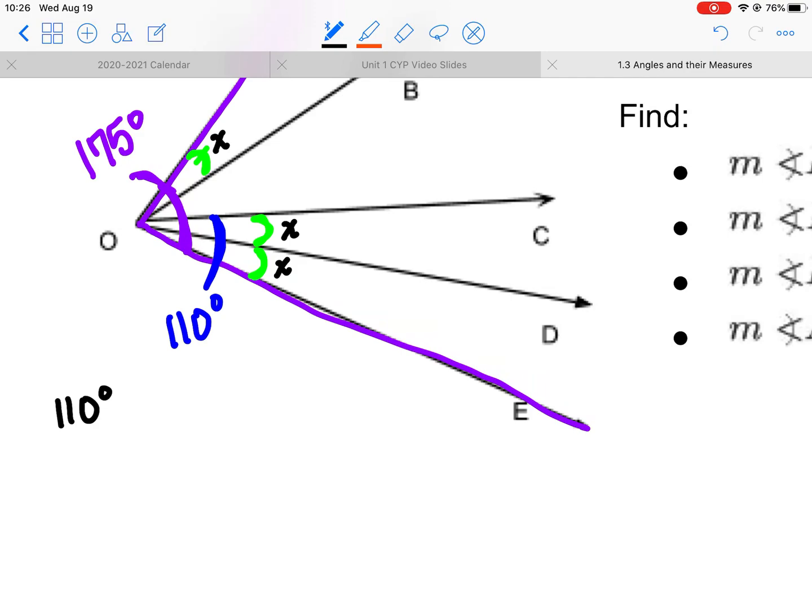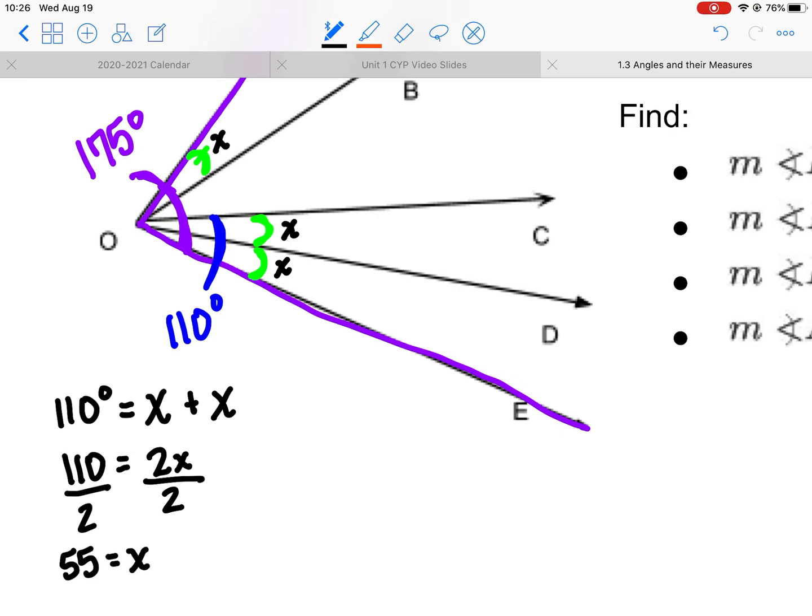Then that is going to be equal to the sum of its two parts. So the measure of angle COD is X, and the measure of angle DOE is X. So what this gives me is that 110 equals 2X. If I divide by 2 on both sides, then I find that the value of X is 55.